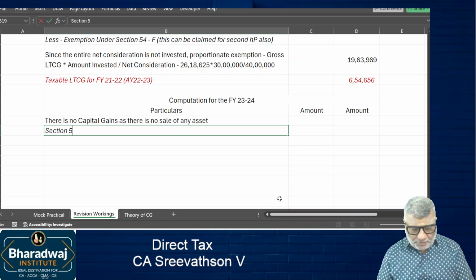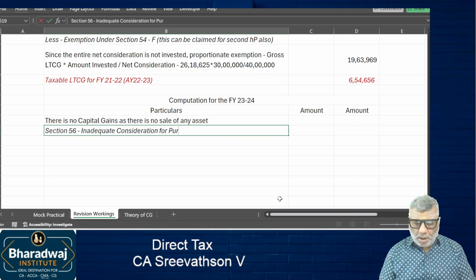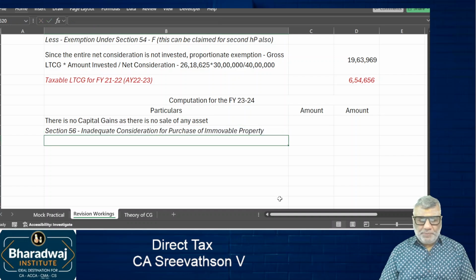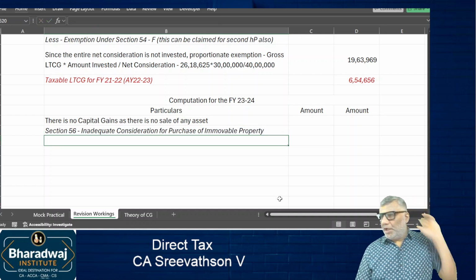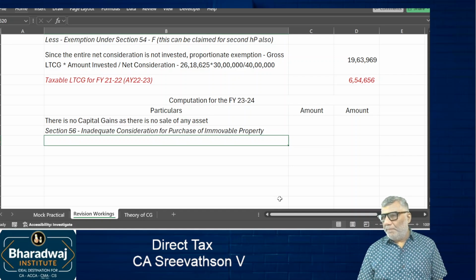Section 56. Inadequate consideration for purchase of immovable property. Okay.